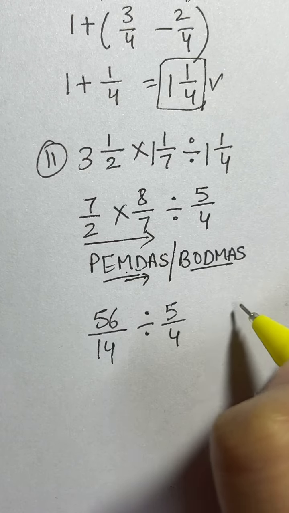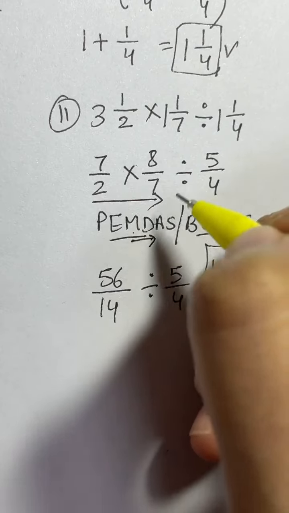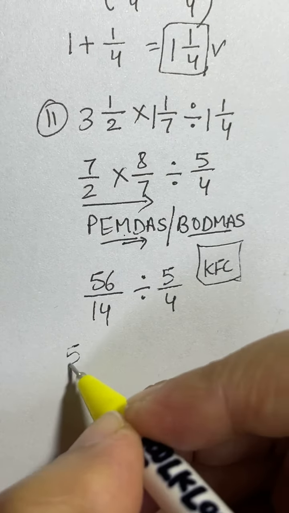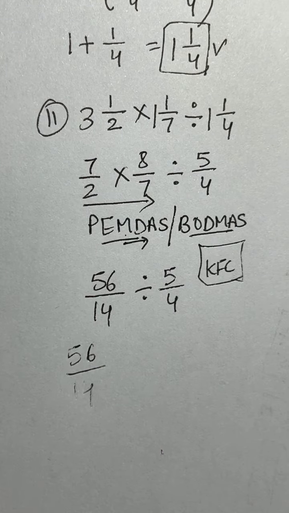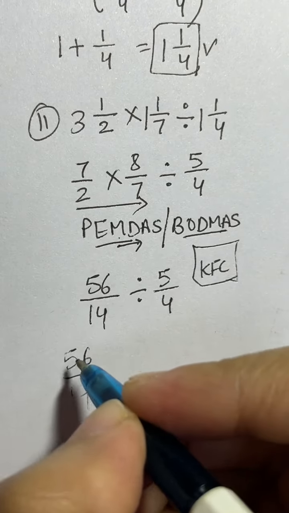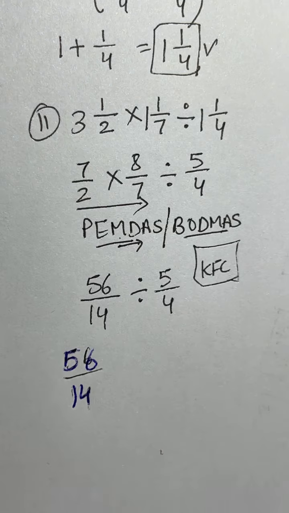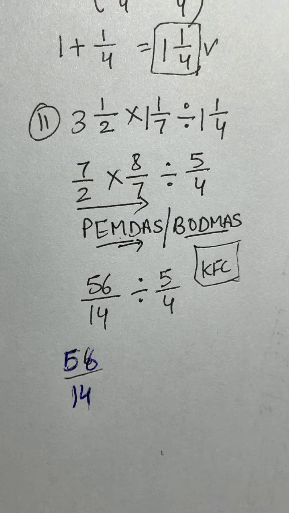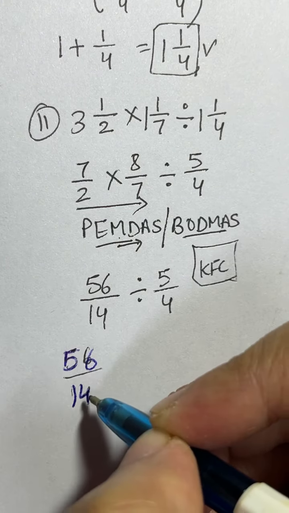Now use your KFC rule, right? Easy. What's KFC? Keep the first fraction, 56 over 14, as it is.